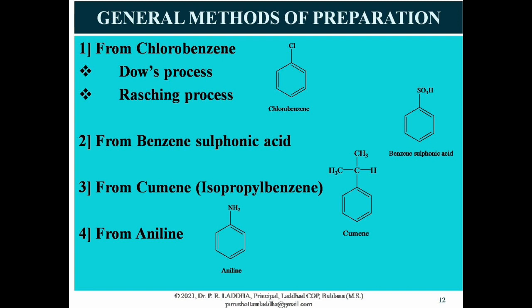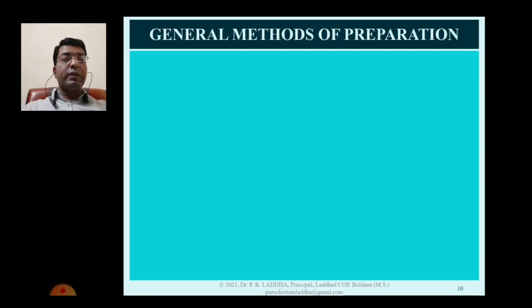Benzene when subjected to nitration gives us nitrobenzene, and nitrobenzene on reduction gives aniline. Benzene when subjected to sulfonation gives us benzene sulfonic acid. And we can also prepare cumene, that means isopropyl benzene, by Friedel-Crafts alkylation of benzene. So we will discuss all these methods one by one.